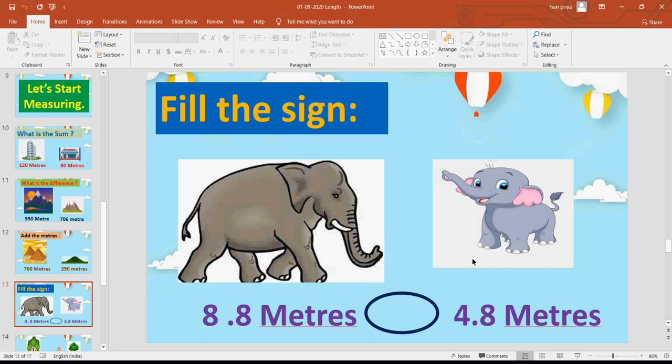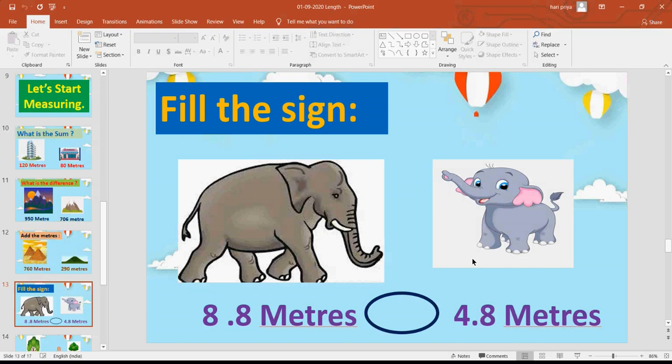Please make a note of only the numbers. No need to draw the pictures. So this is your fourth sum. Write the number four and make a note of the numbers alone: 8.8 meters and 4.8 meters.